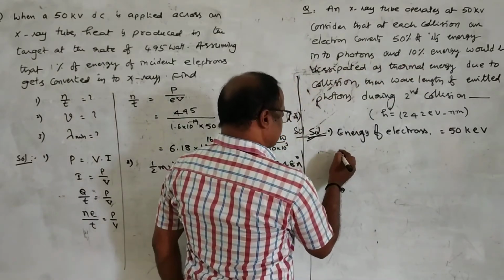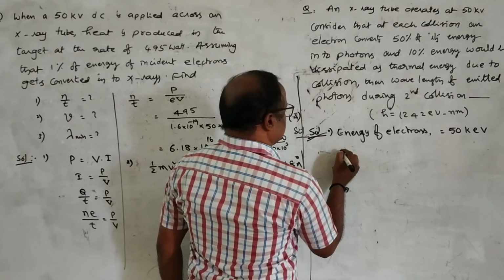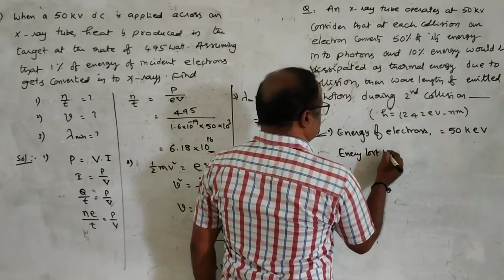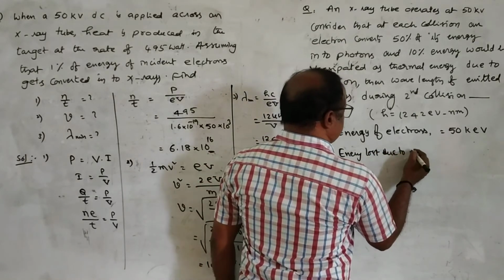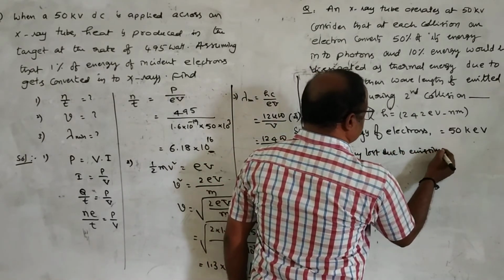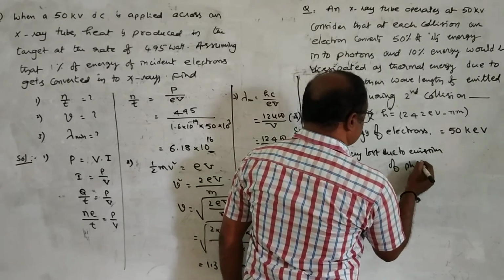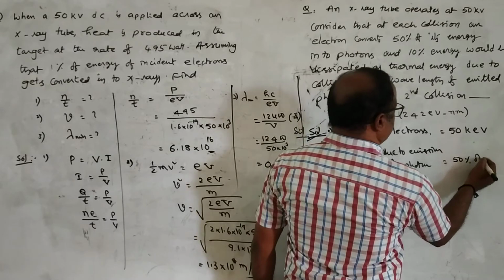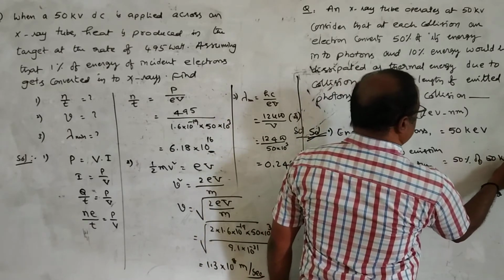Therefore, the energy lost due to emission of photons is equal to 50% of 50 kilo electron volts.